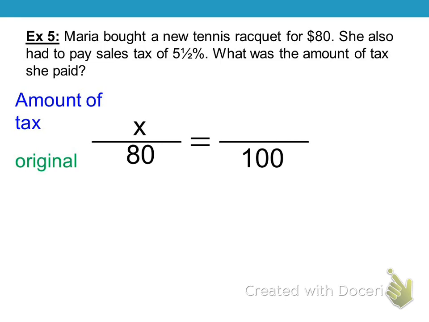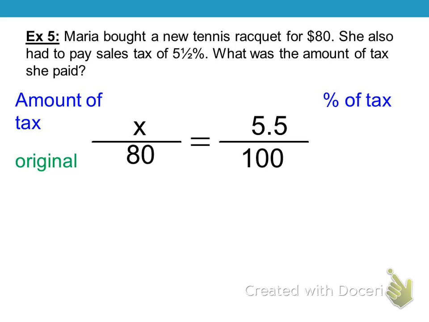X is the amount she paid. We don't know. The percent of tax she paid is what? 105.5? No, 105.5 would be how much she paid total. The amount of tax she paid is 5.5. So you've got to be careful. You've got to really read a few times. Right.